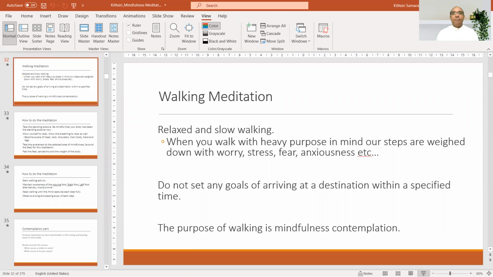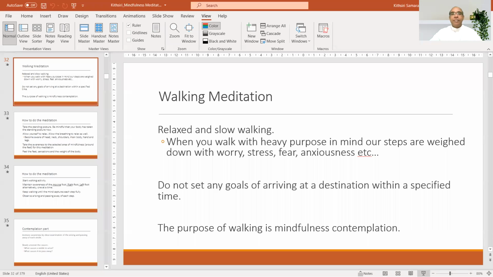Then we do a quick scan, become aware of the head, neck, shoulders, main body, hands and legs very quickly, not like the body posture, body scan meditation, but more quick awareness throughout the body. But finally, towards the end of that, we take our attention to the feet.